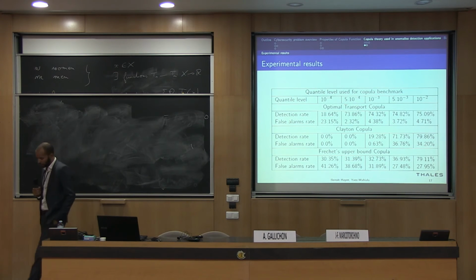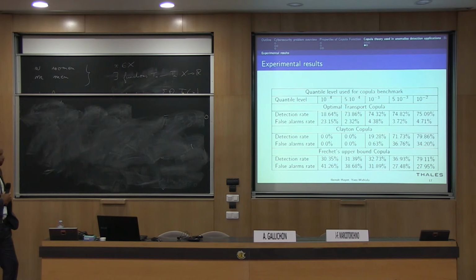So, going to the experimental results. We used one of the well-known datasets in cybersecurity, from DARPA, and what we wanted to do is compare the copula that we built with other well-known copulas, which are the Clayton copula and Fréchet's upper-bound copula. What we are interested in is not the best detection rate.